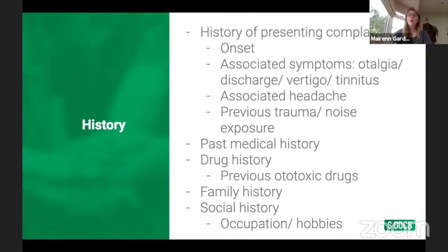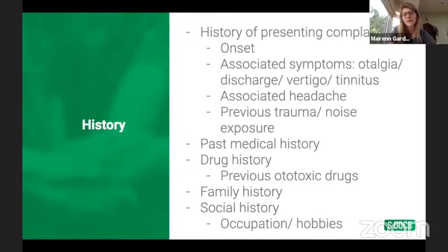For example, old age hearing loss is more gradual, whereas sudden onset sensorineural hearing loss is quite sudden. Patients might have other symptoms which might give away the diagnosis. They might have otalgia, so earache, any discharge, whether they're having any vertigo, so rotatory dizziness, or tinnitus. Also whether there's any associated headache with them.